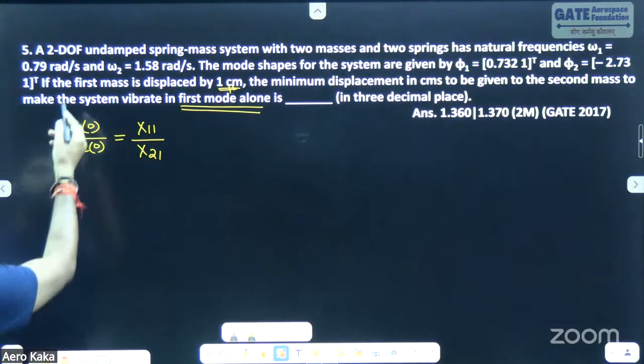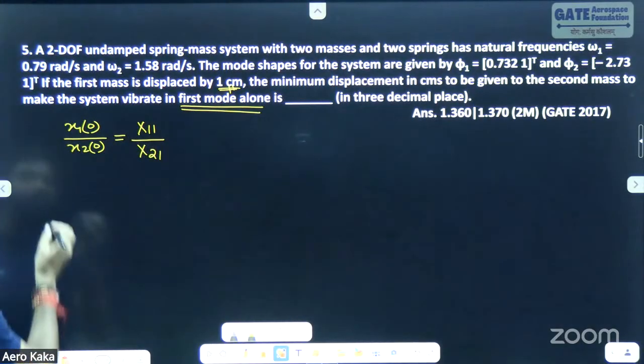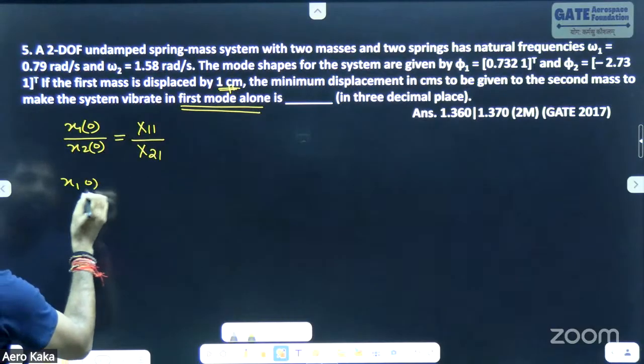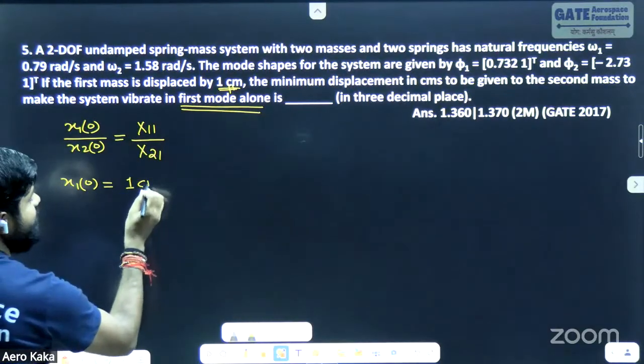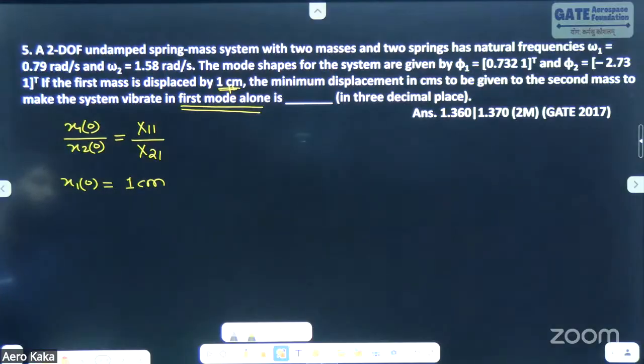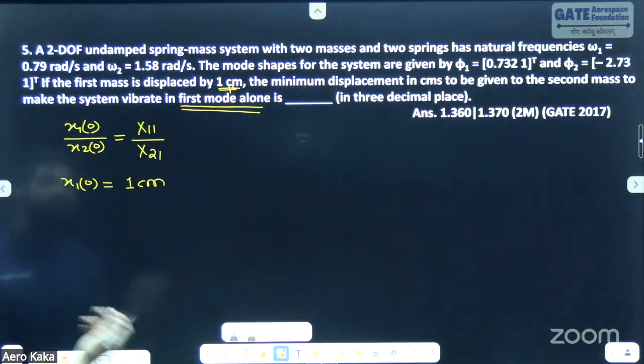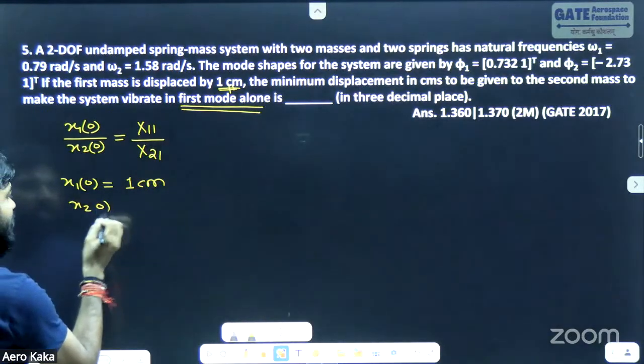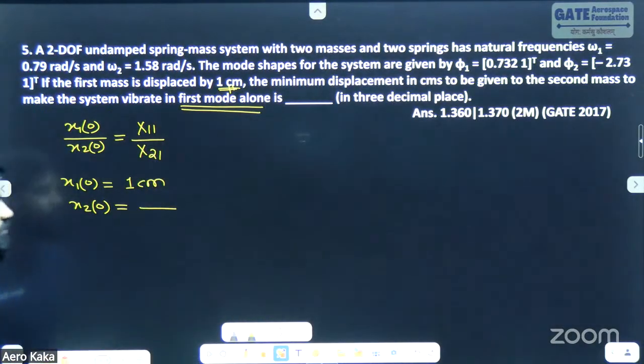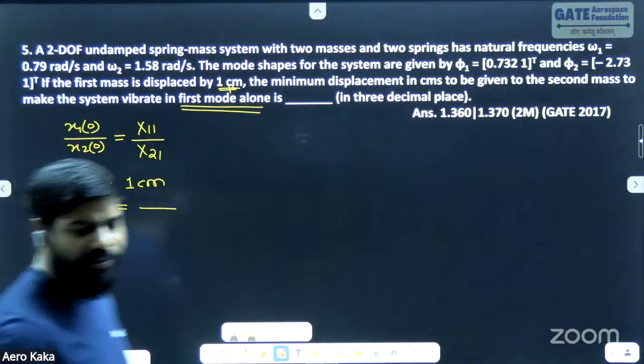So what is given? If the first mass is displaced by 1 centimeter, okay? Let's say the initial displacement of first mass is nothing but 1 centimeter. Minimum displacement in centimeters to be given to the second mass to make the system vibrate in first mode is, they're asking, X20. What does it mean by minimum?